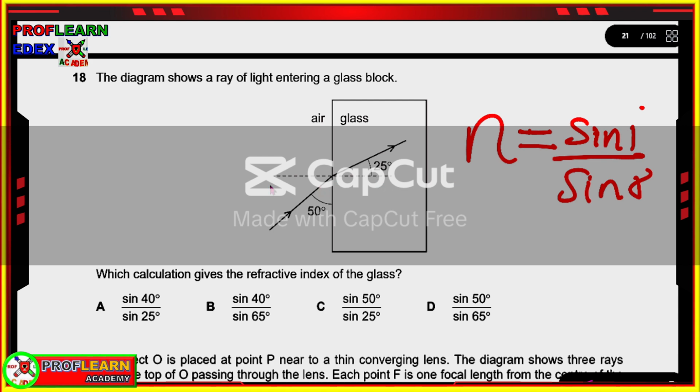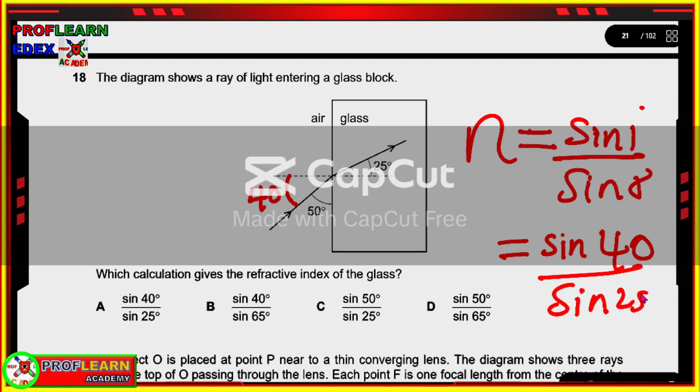So i is the angle between the normal and the incident ray. So this has to be 90 minus 50, and this should be 40. So the correct answer will be sine 40 over sine 25. So the correct answer for that is A.